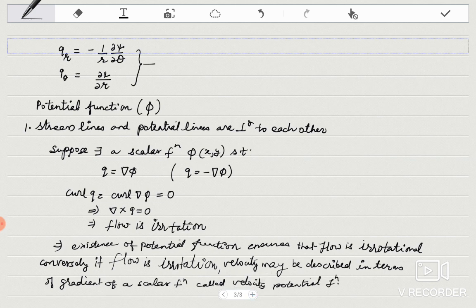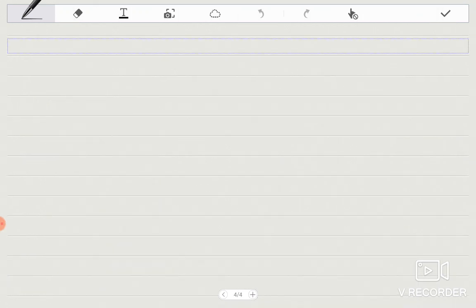So now we will see how we can introduce this type of function.